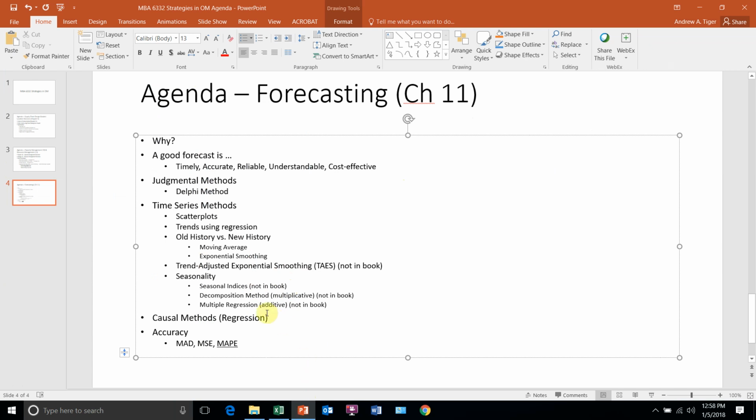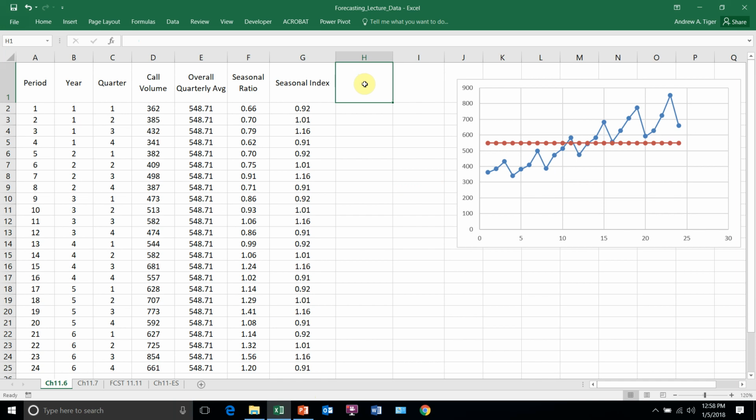Now that we've done that, we can move on to the decomposition method. The very first thing you do in decomposition is deseasonalize your actuals. How you deseasonalize is that you divide by the seasonal index.